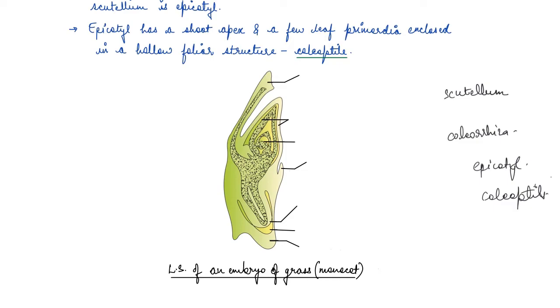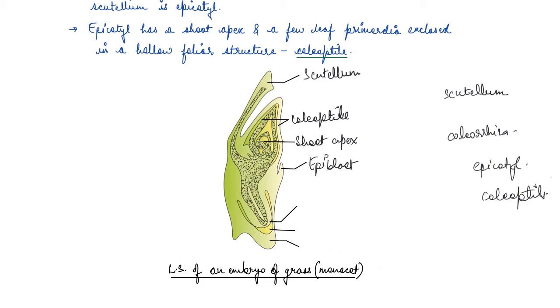Here, if you see, towards the lateral end we have scutellum, which is nothing but the cotyledon. Okay, this is the one cotyledon. Then we have the coleoptile, which forms the stem and leaf apex. So basically, this is the shoot apex. Here we have the epiblast.